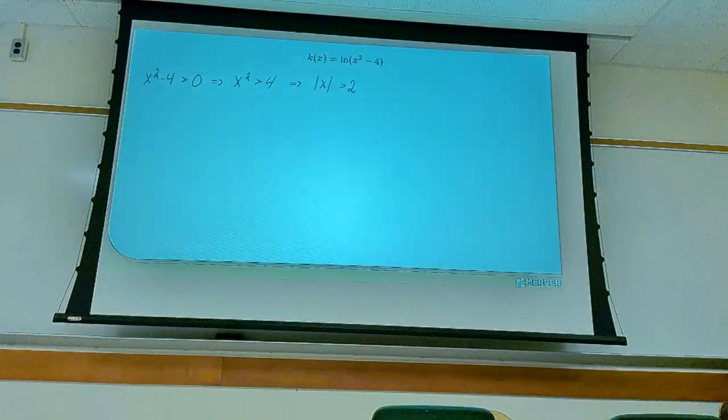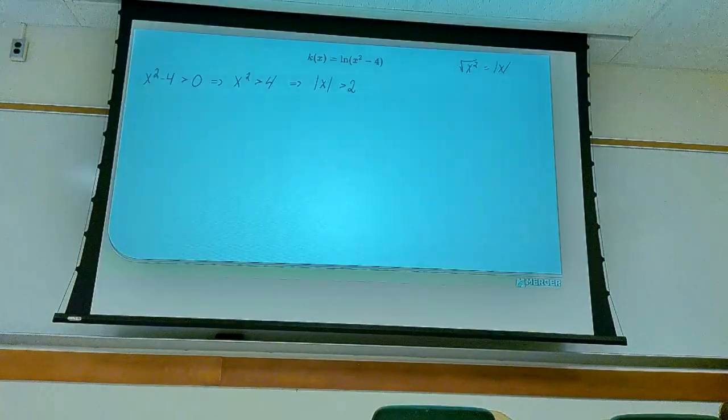Square root of x squared is absolute value of x. But you still need a square root of the other side for the 2. Because by definition, the square root is always the positive root.